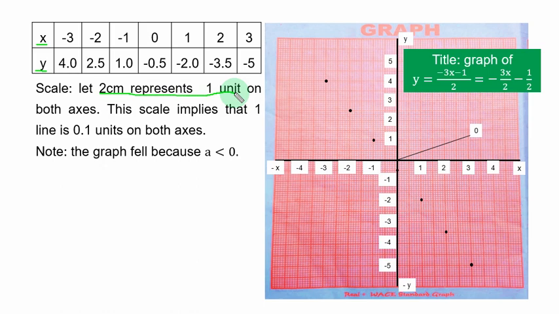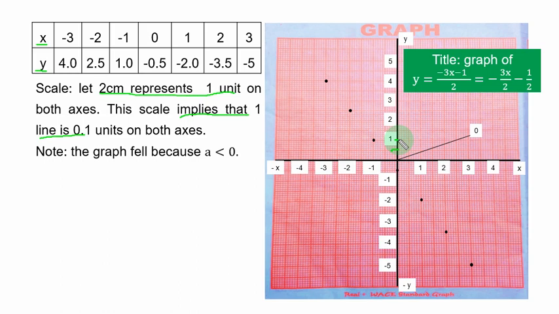When you are doing this, it is important that you know what one line stands for in case of decimal values that you have now. So this implies that one line is 0.1 units on both axes. Note the graph will fall because a is less than 0. Okay, so you can see here, this is one square now, and this is the second square.